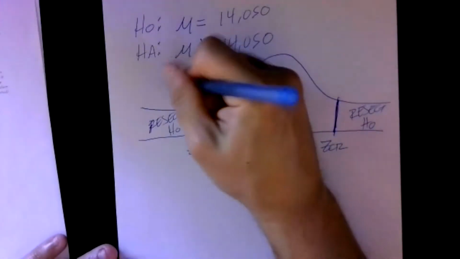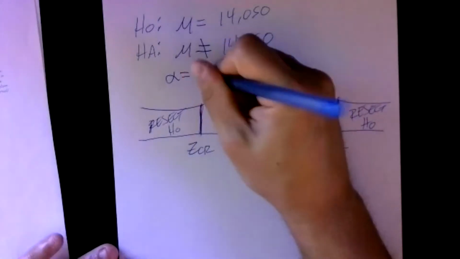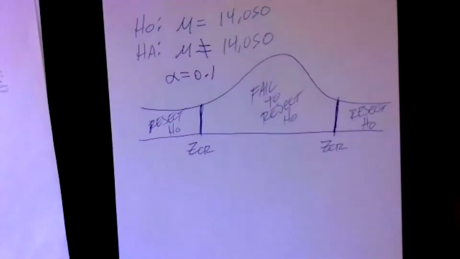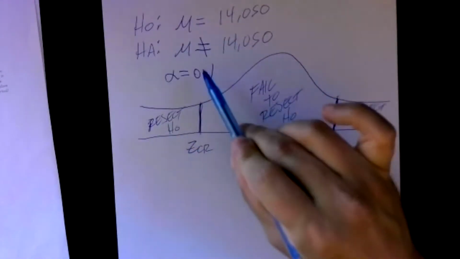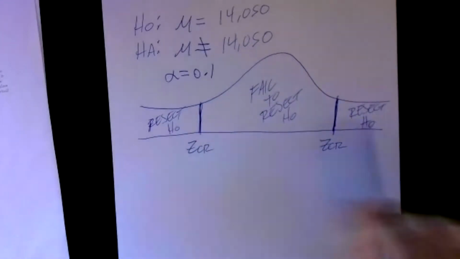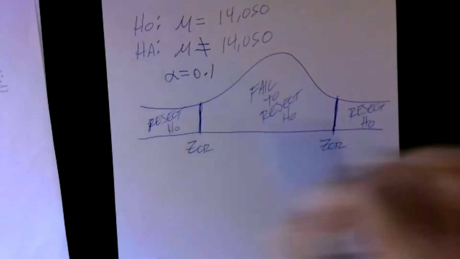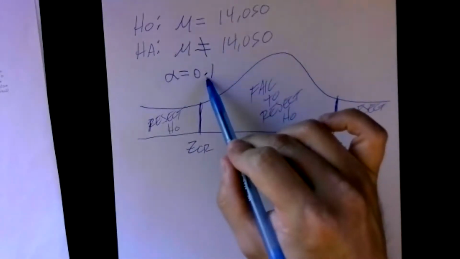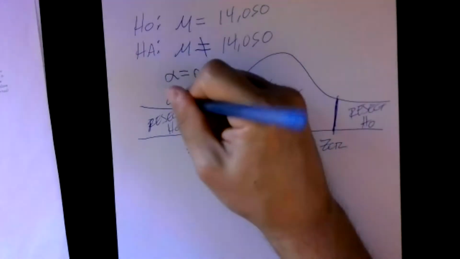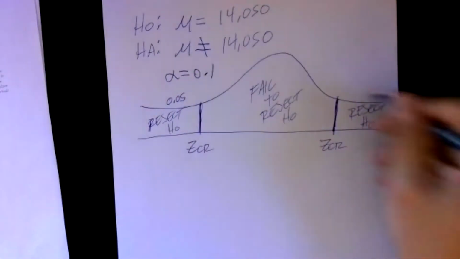Now the alpha value in this problem is 0.1. That is not the area in the tail. That is the area in both tails. Therefore, we have to take this alpha value and split it two ways. 0.1 divided by 2 is 0.05.